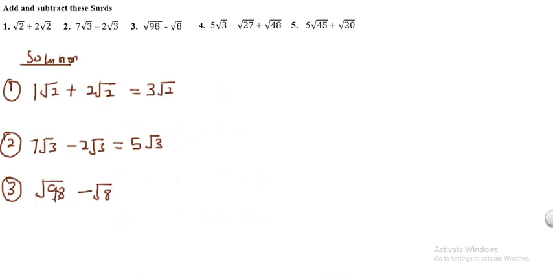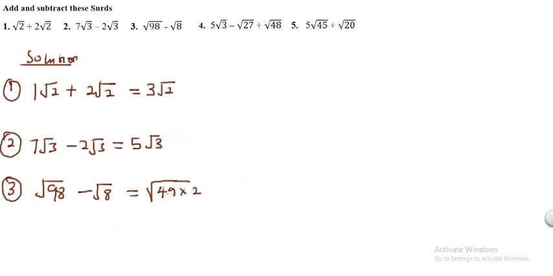How do we simplify these roots? We look for the perfect squares inside each of them to simplify them to their smallest forms. If you look at root 98, the perfect square inside root 98 is 49. So this can be written as 49 times 2.